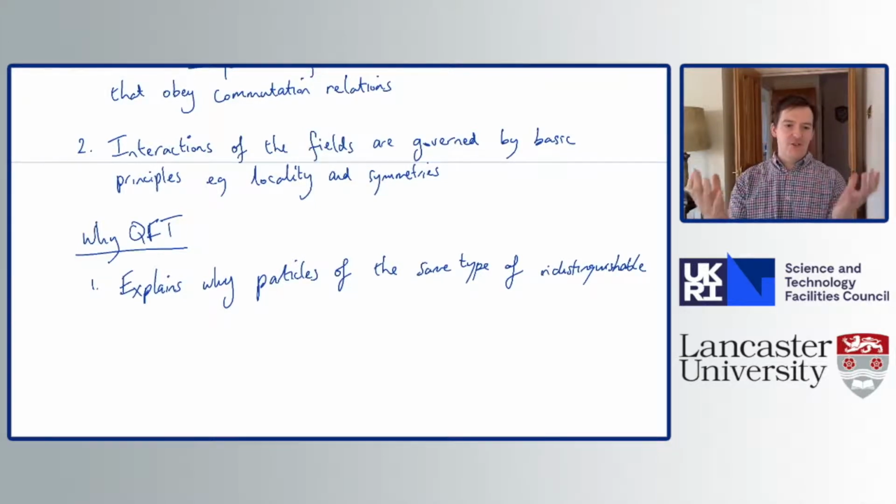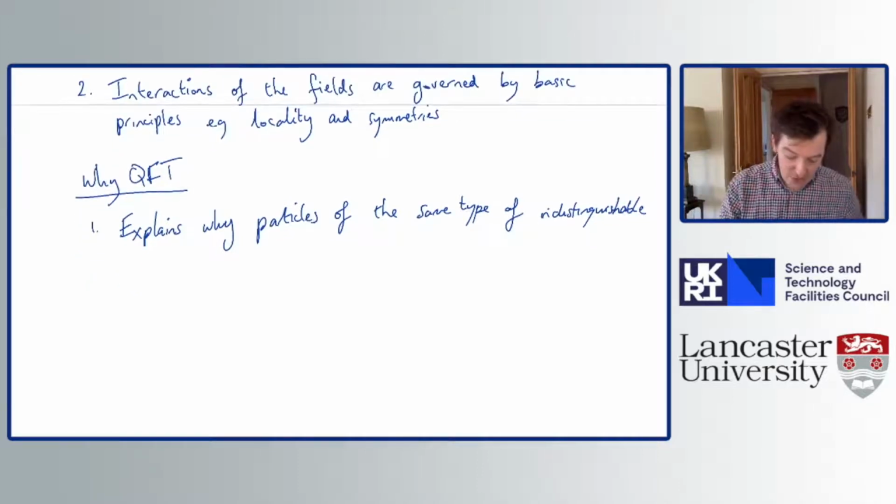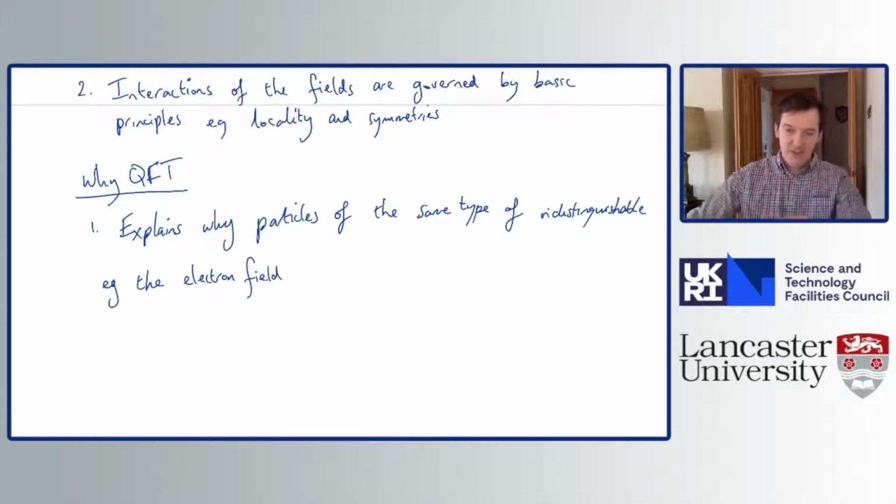Now, quantum field theory explains why those two electrons are indistinguishable, and that's because it's not the electron particle which is the primary object. Okay, the primary object is the field. It's the fact that I have this electron field which is spread throughout the whole universe, so it's the same field which is in London and which is in your location. This electron field is the primary object, the most important object.